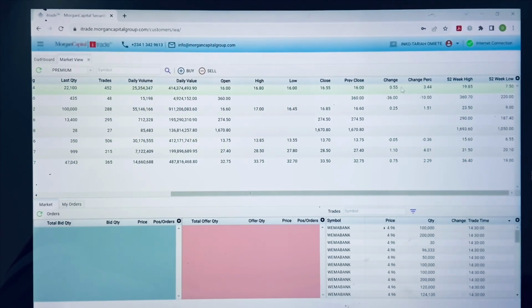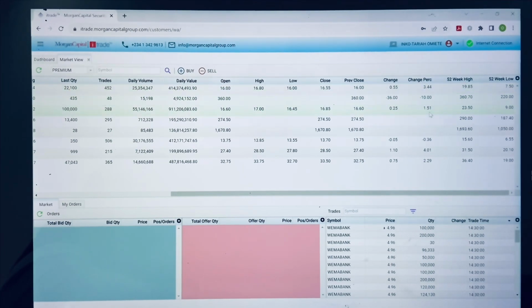What we have for Access, the first one here, is 55 kobo gain. What you have here is minus 36 naira, that is on Dangote Cement, and then on and on and on until you have Zenith Bank here gaining 75 kobo for the day. So anywhere you see this little minus sign means the stock lost for that day.